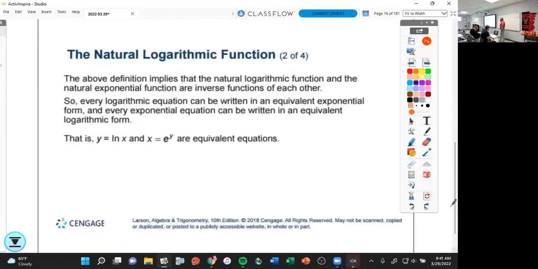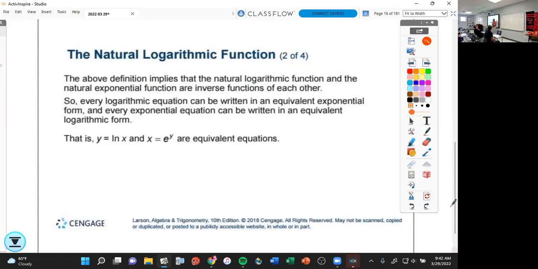Natural log function and the natural exponential function are inverse functions of each other. Every logarithmic equation can be written with an equivalent exponential form, and every exponential equation can be written with an equivalent logarithm form because they are inverses of each other. Okay, so y equals natural log of x. What's the base?